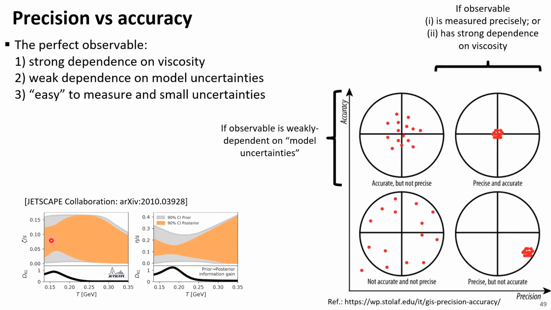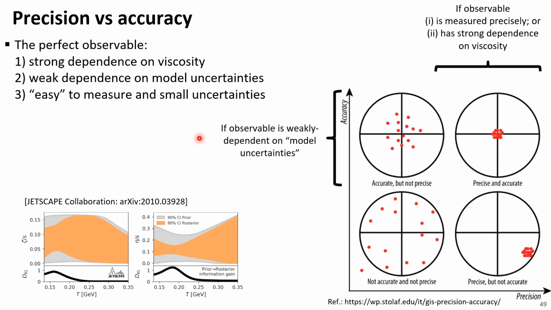What they did was to use, for example, pT differential data. They also use more measurements, and they obtained a very different result for the bulk viscosity, very similar for shear, but much smaller for bulk.